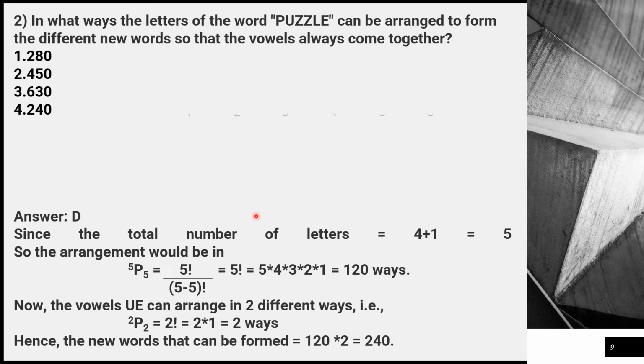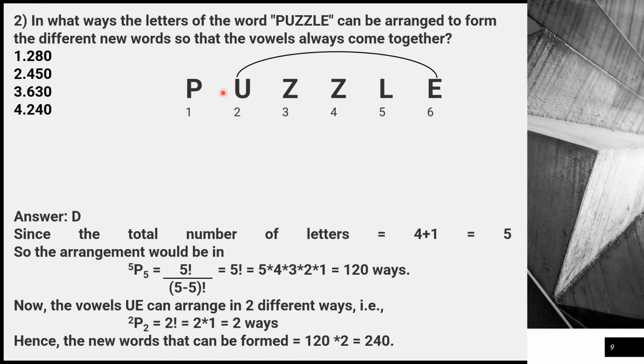So I'll say how. Here you can see there are 6 letters in PUZZLE, right? They are asking to form different new words where the vowels always come together. Here U and E are the 2 vowels. So I am taking U and E as one entity.